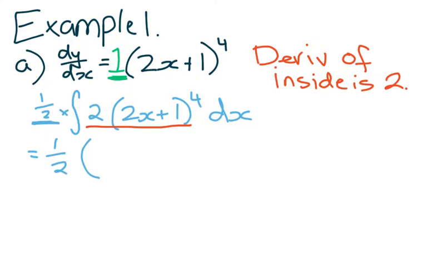So this derivative, 2 brackets 2x plus 1 all to the power of 4 dx, that is going to integrate all together to 2x plus 1 because it goes back to the original function. We increase the power by 5 and divide by the new power.